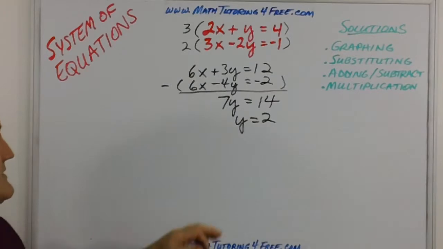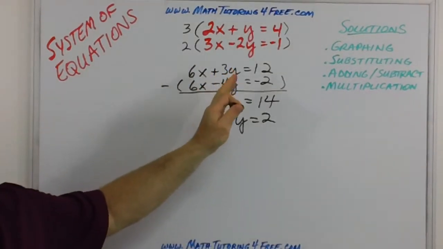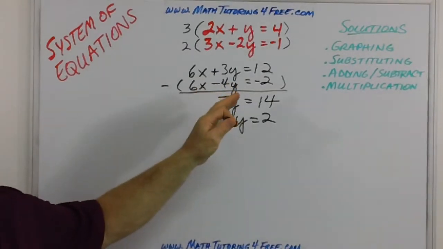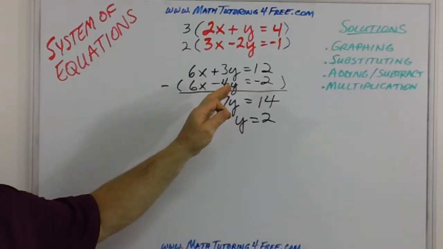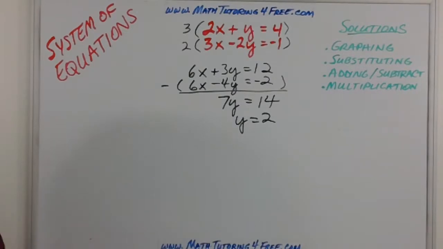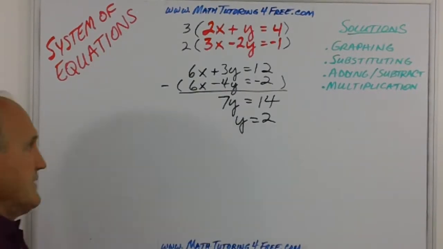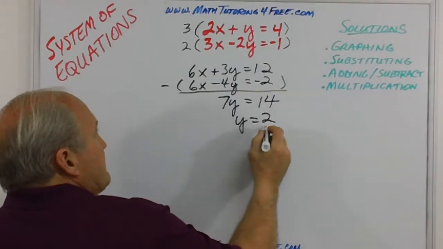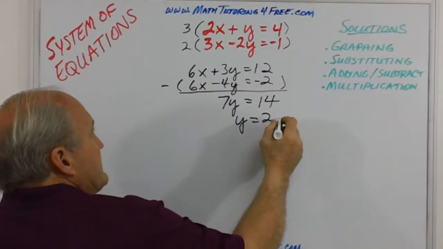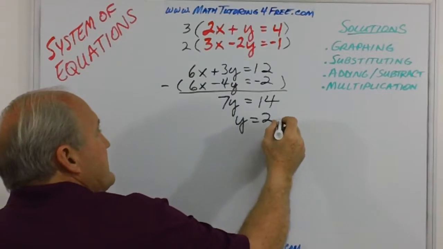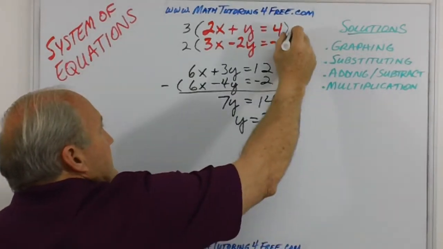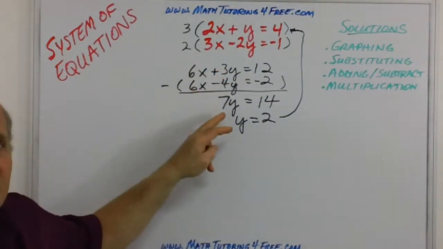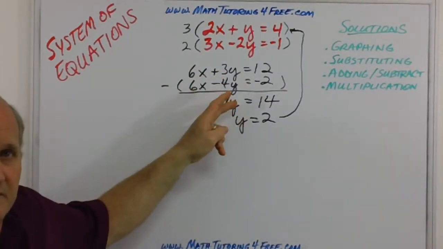The main thing is to find a value for one of the 2 variables, substitute it into the original equations. And the one thing I want to emphasize again is always check your answers. If this was the first one we found, we said y is equal to 2, let's put it back in, and always put it back into the original equations, because you might have made a mistake in converting.